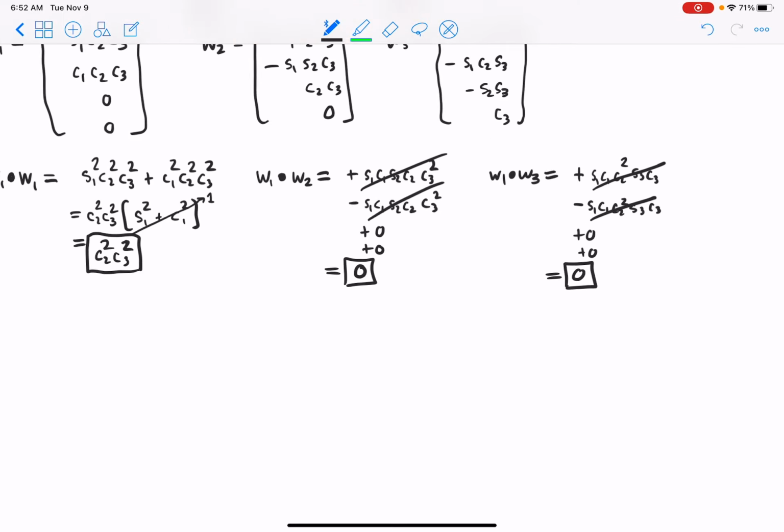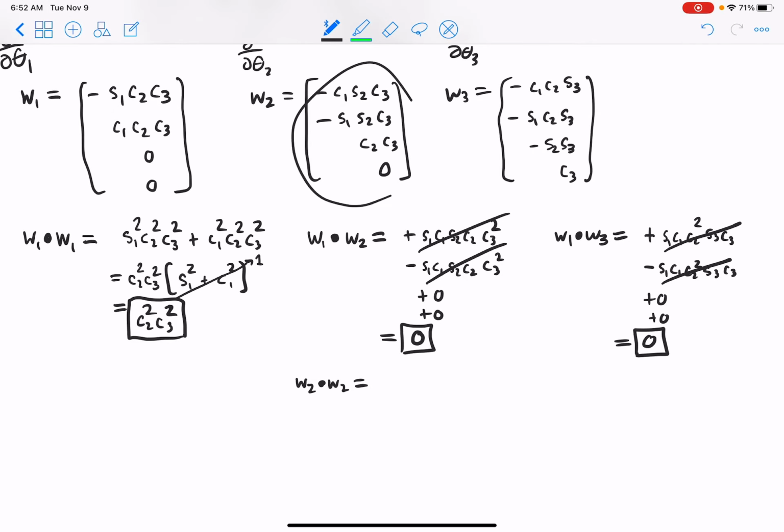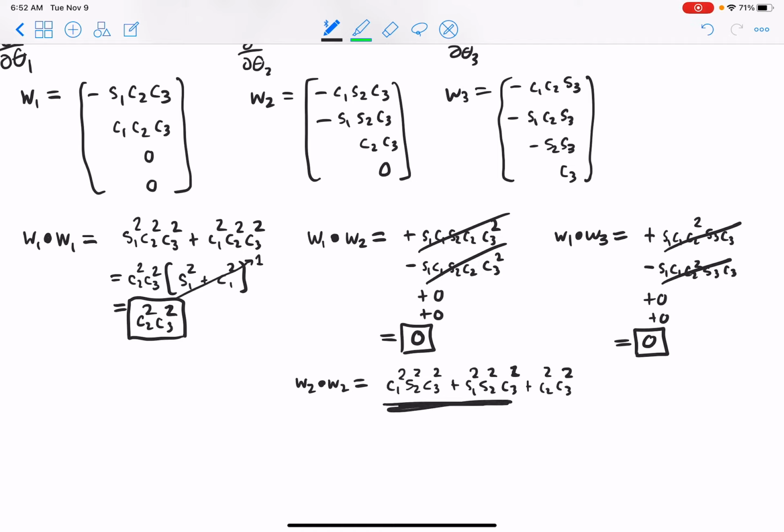Wonderful. Let's do the next one, w2 dot w2. So I sum the squares here, and I'll get... okay, so let's look at these first two terms and see if we can factor something out. And I see that we can. So we can factor out the S2 squared, C3 squared, leaving a C1 squared plus S1 squared, which is 1.